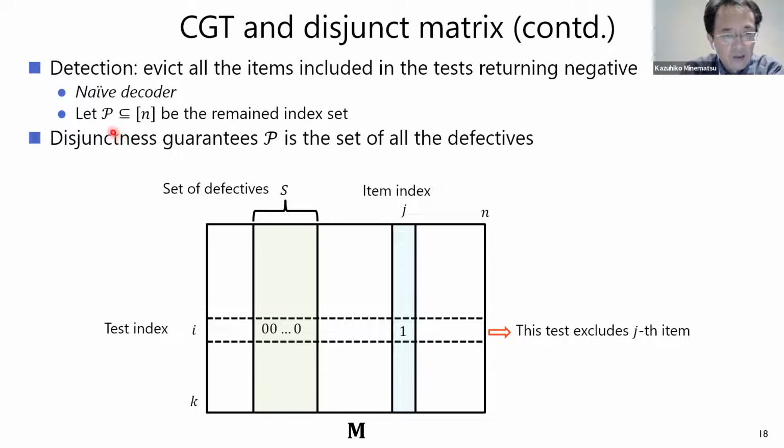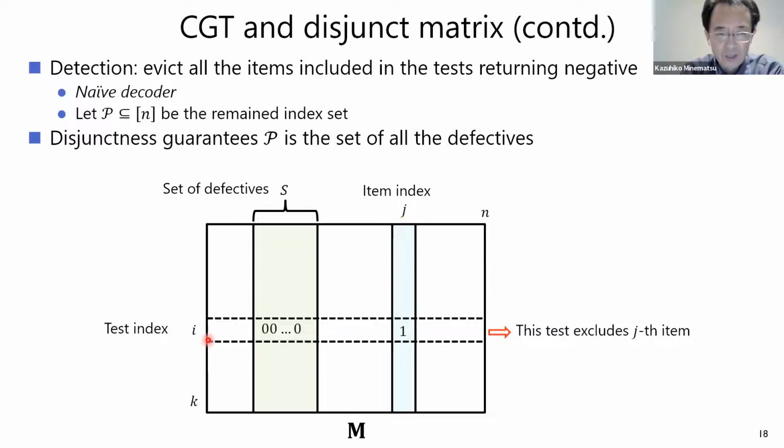Let P denote the remaining index set of items. Then the disjunctness condition guarantees that P is exactly the set of all defectives, without error. For example, suppose the j-th item is non-defective.